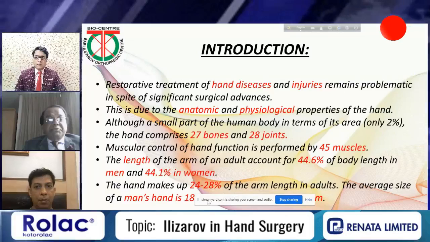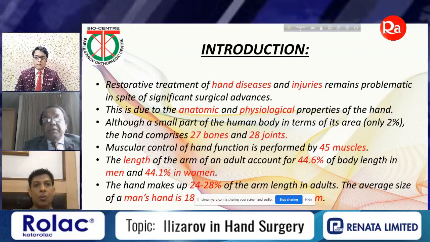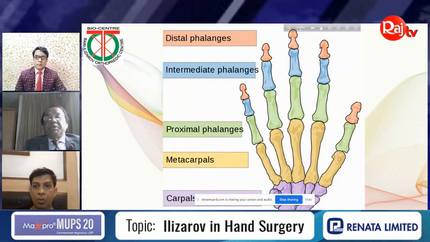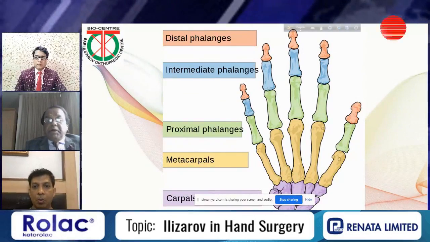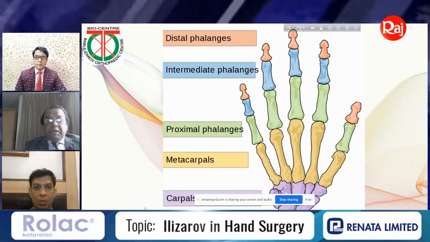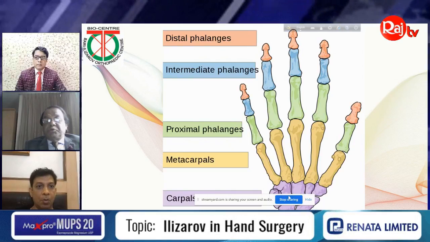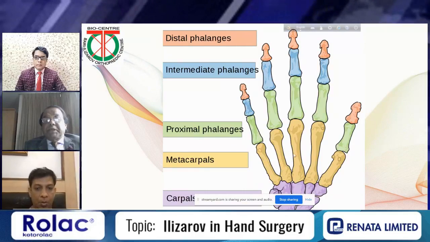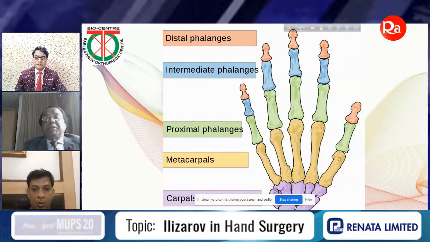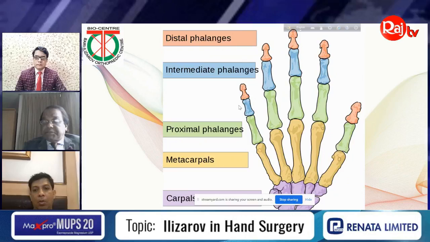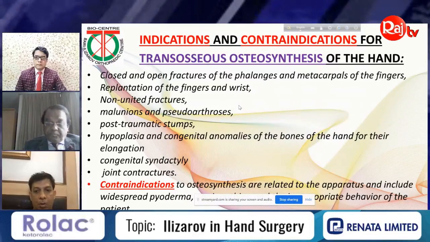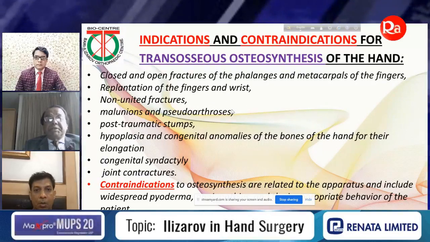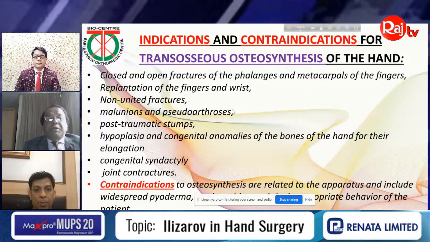The average size of the man's hand is 18 and a female a little bit smaller. You can see here, this is the picture. How beautiful is our hand. And you can see the carpal bones here, 2 rows, just to remember for the young orthopedic surgeons, metacarpals and proximal, middle, and distal phalanges. So, whenever we are talking about the hand surgery, we must think about the indications and the contraindications.